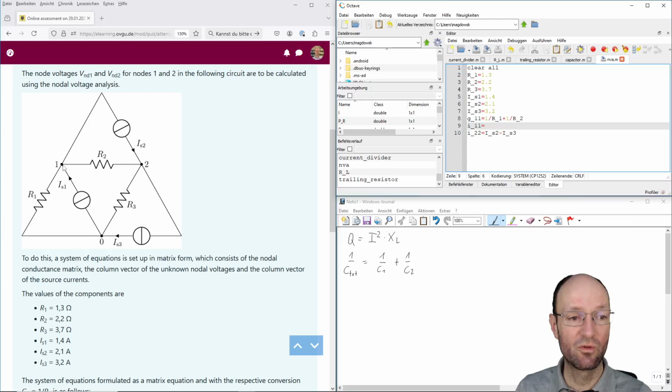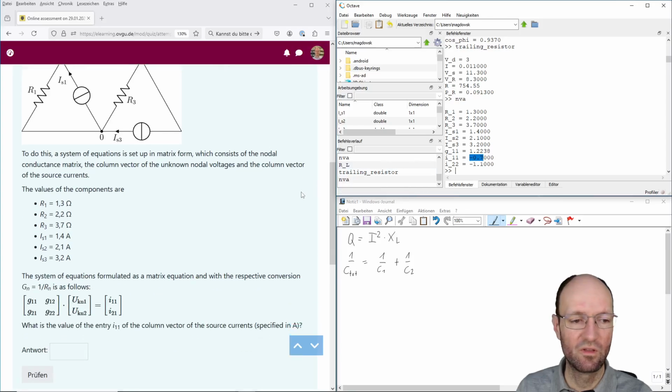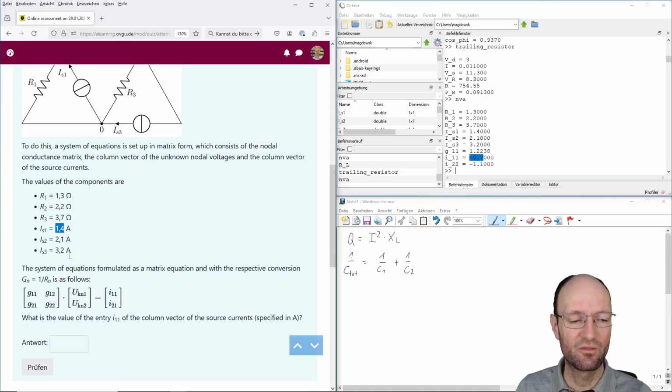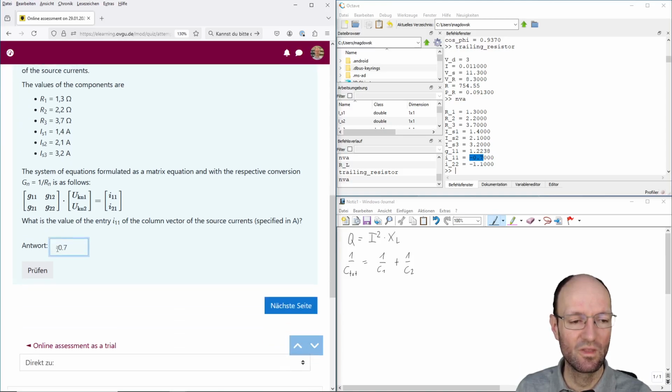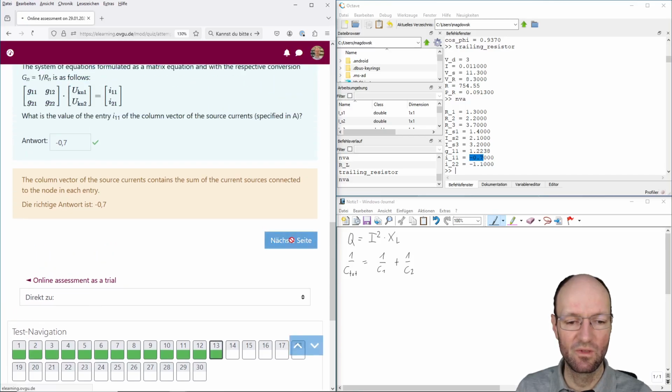So we need to have a look at the first node, and here this current source is flowing towards the node, this current source is flowing away from the node, so we need to have this minus this and calculate, get some value, minus 0.7. Of course, you could also calculate it from here, right? 1.4 minus 2.1 is minus 0.7. And that's the right answer.